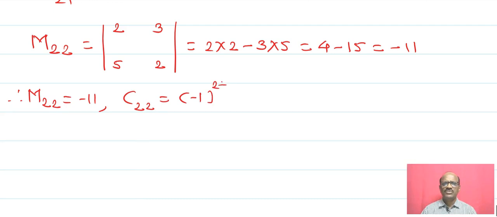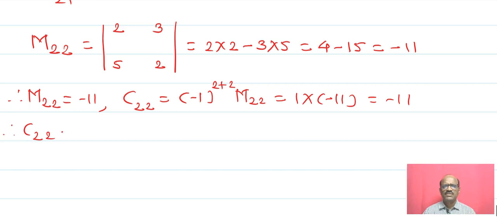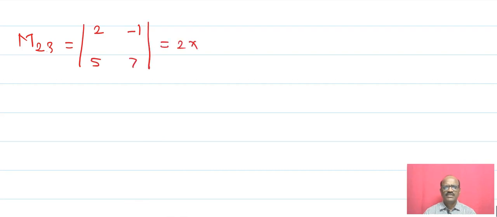C22 minus 1 raised to 2 plus 2, M22, that is a 1 into minus 11, that is equals to minus 11. Therefore C22 is equals to minus 11. M23, to find out the minors, that is a 2 minus 1, 5 7, and in this way we can find out the minor.